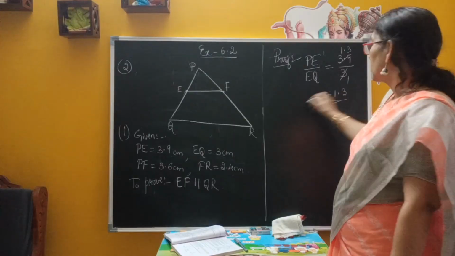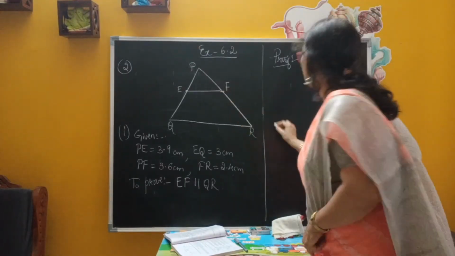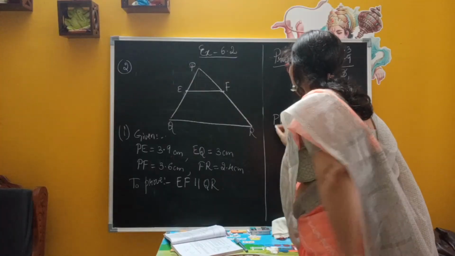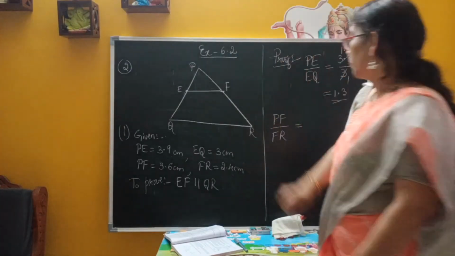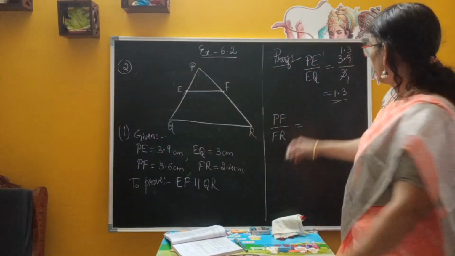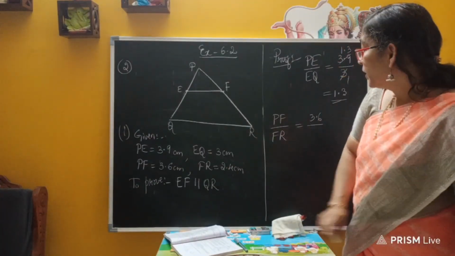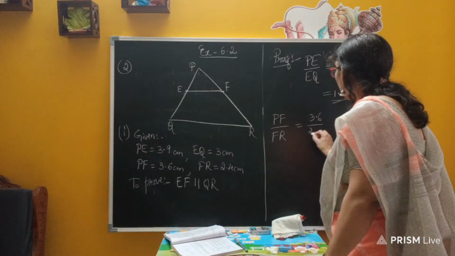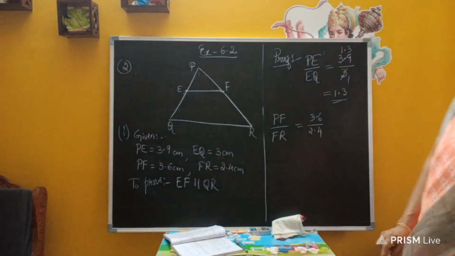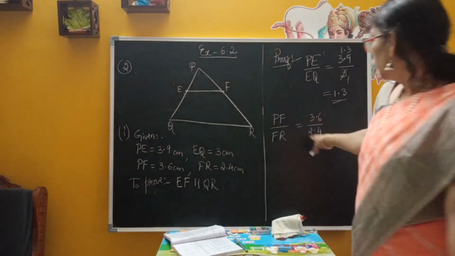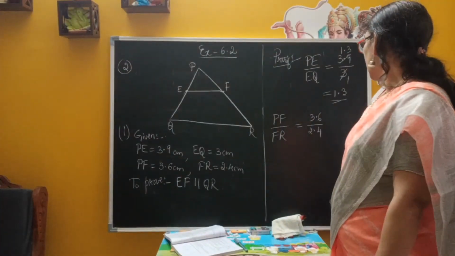Now let us take the other one, PF and FR. PF by FR is equal to PF, 3.6 centimeter by FR, 2.4 centimeter. So 3.6 by 2.4. Let us simplify this also. Which table can be used?